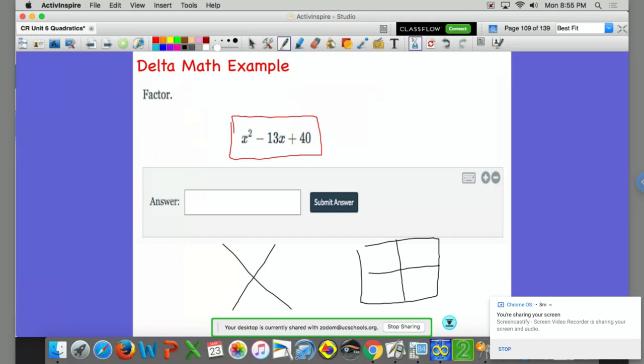And so for this one, you're going to have 40x squared -13x. You know this is going to be x squared, and you know that's going to be 40. So you set it up the exact same way. You will go through, you would find your factors of 40.